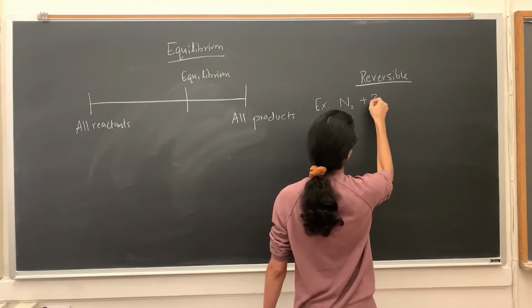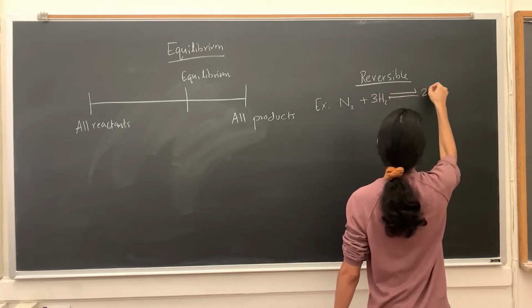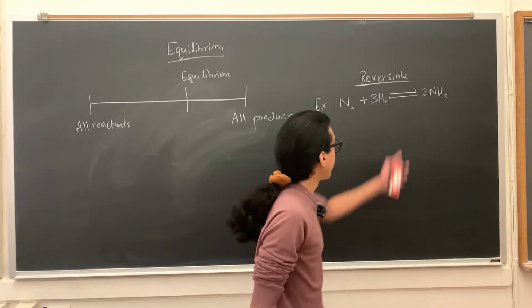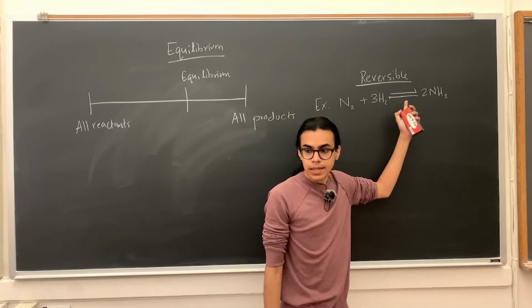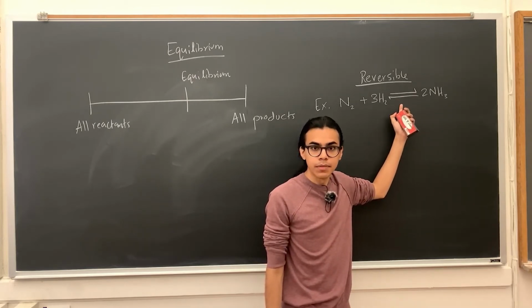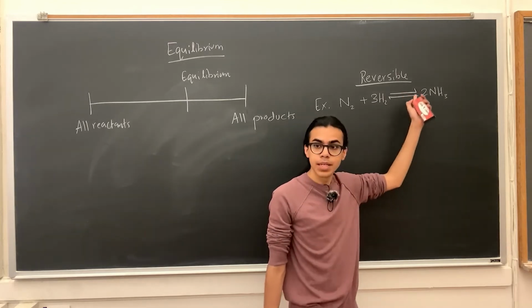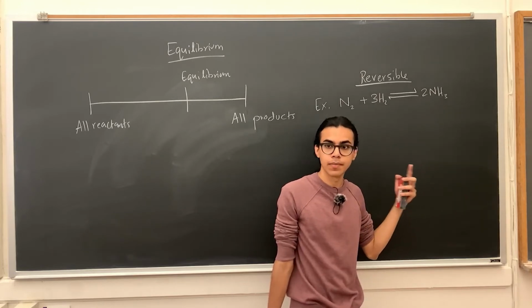Suppose nitrogen reacts with 3 hydrogens to form 2 ammonia. By the way, that's the symbol for a reversible reaction. Now that you see the symbol, the explanation will seem obvious. It's a reaction that can proceed in both directions, can go forward and backwards.